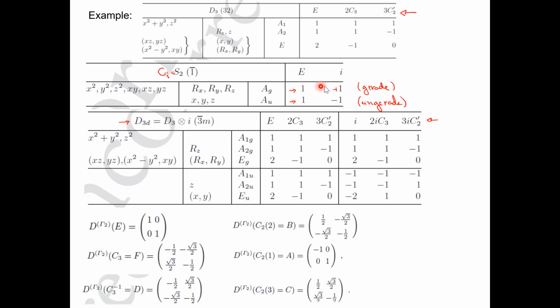multiply by the matrices, which are essentially numbers because you have only 1D representations here. We multiply by the matrices associated with the AG and the AU representation.